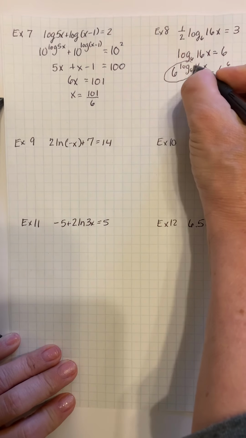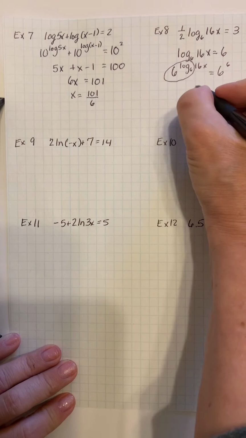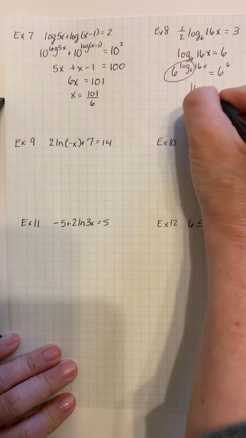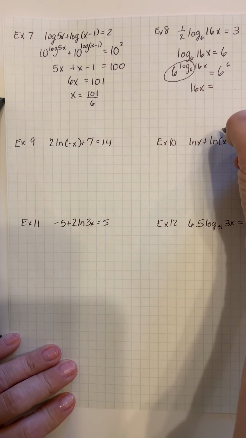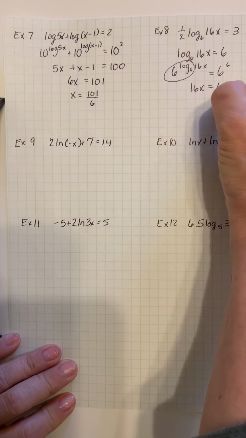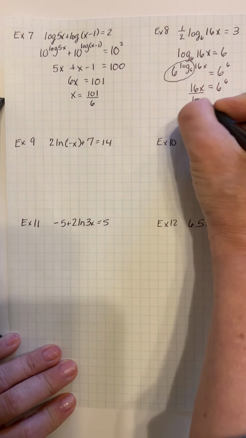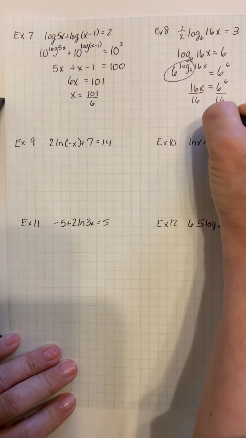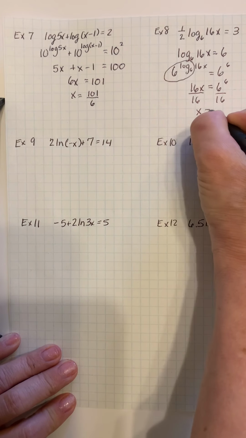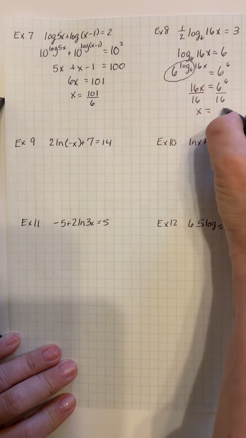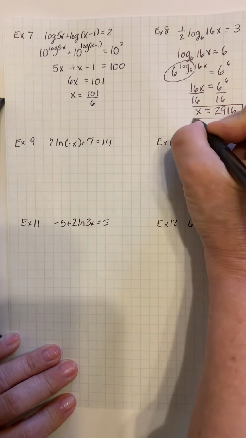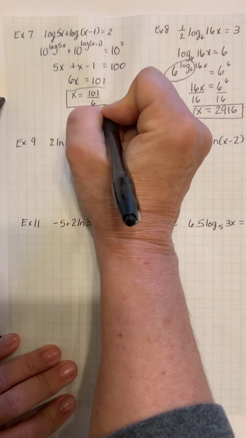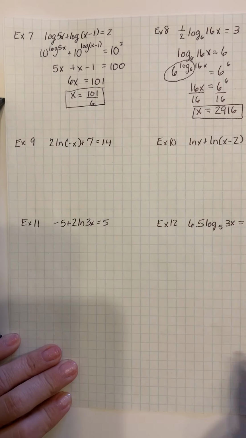Again, these will undo each other, leaving us with 16x is equal to 6 to the 6th. I'm just going to put 6 to the 6th. Divide both sides by 16, and this does come out nice and even. X is equal to 2,916. That's an exact value, as was this before we didn't make it a decimal.